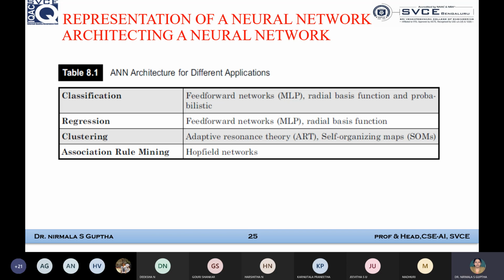We will learn this elaborately, so don't worry too much about it. Feed forward networks are also used in regression. For clustering, adaptive resonance theory and SOM, that is self-organizing maps, will be used. For association rule mining, the Hopfield network. We are going to learn association rule mining thoroughly and in depth in the next consecutive topic. So this is about architecting a neural network.